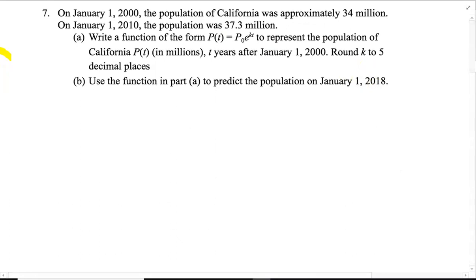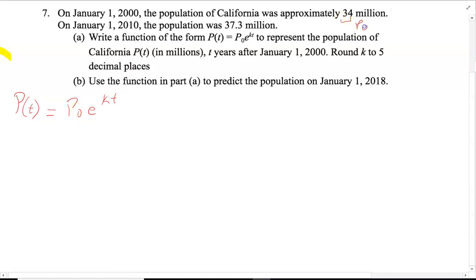That's 18 years later. So let's start by writing the function that we want, P sub 0 e to the kt. That is equal to P of t, the remaining population. P sub 0 is the initial population, so the initial population would be 34 million.